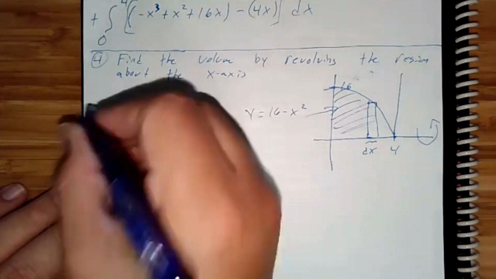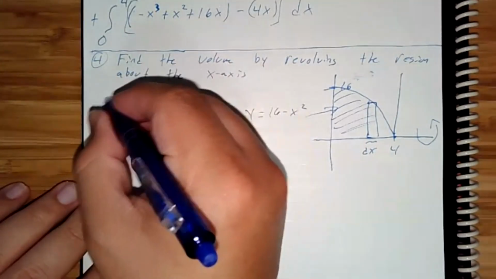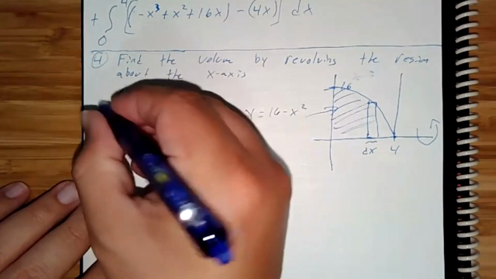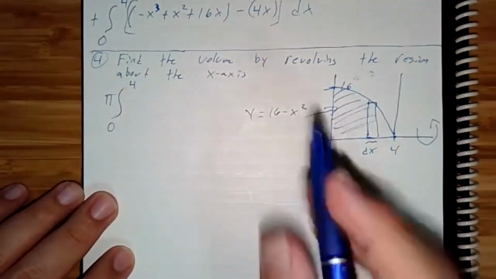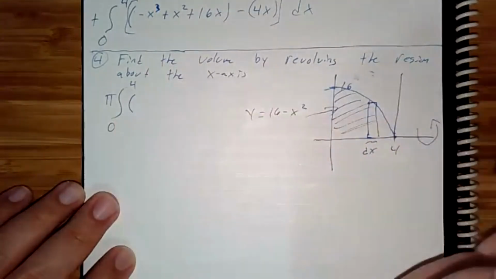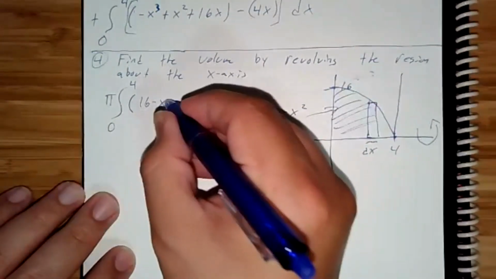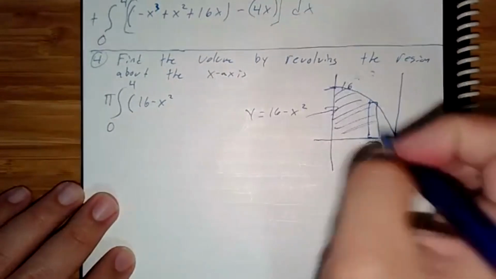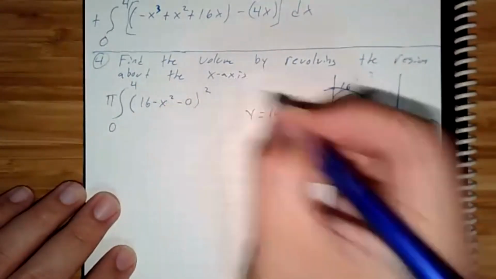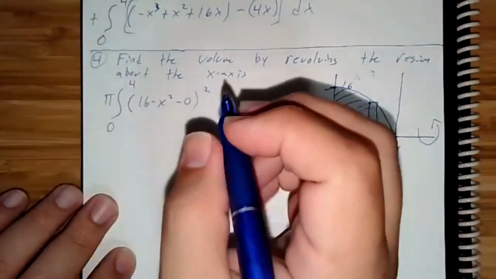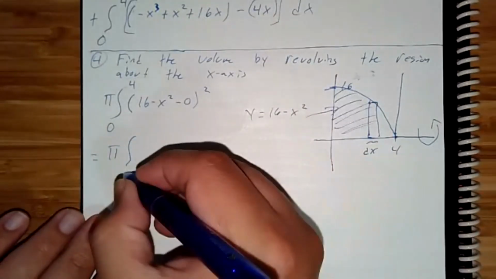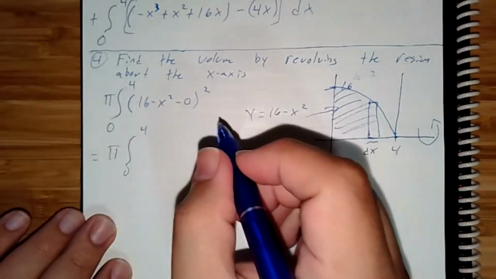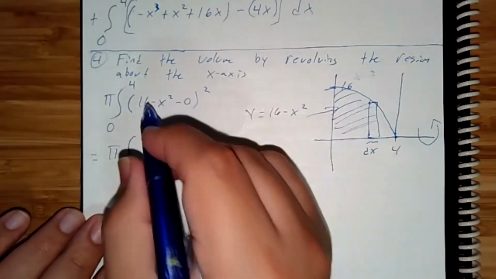So the formula is pi integral from 0 to 4 of 16 minus x squared, minus 0 squared. Okay, so let's go ahead and square that stuff first. 16 times that.